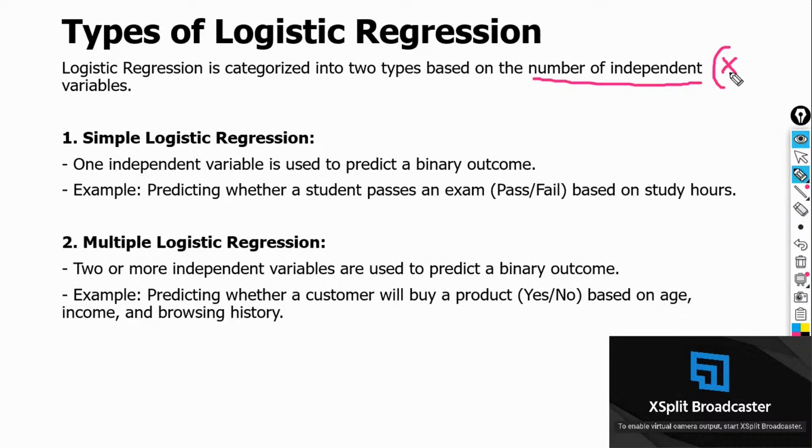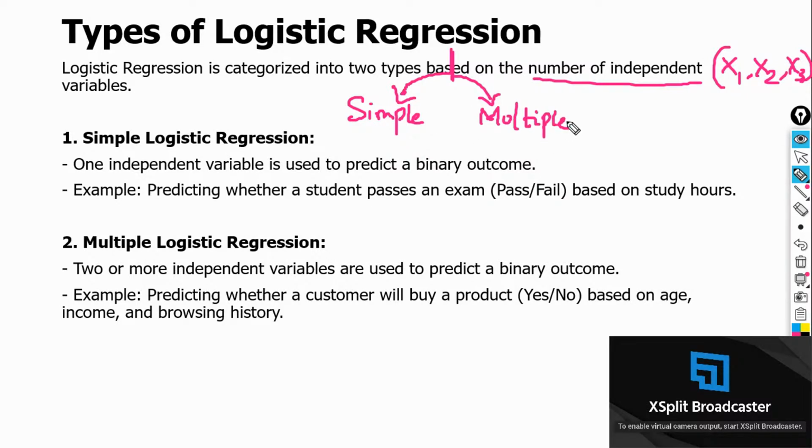That means based on inputs. If you want to categorize logistic regression based on inputs, it is of two types: simple, multiple.